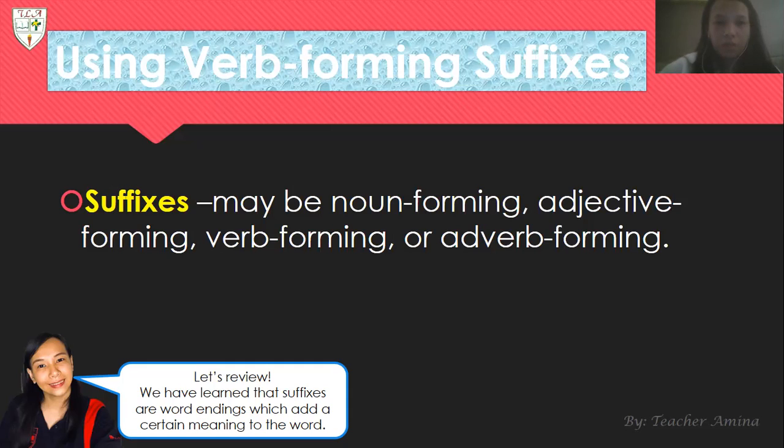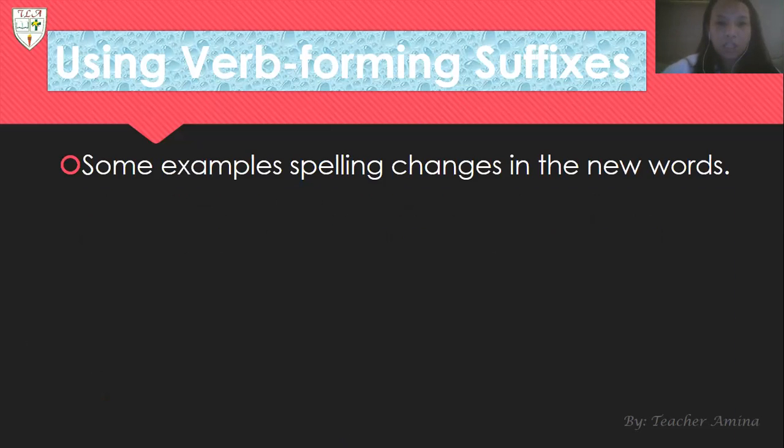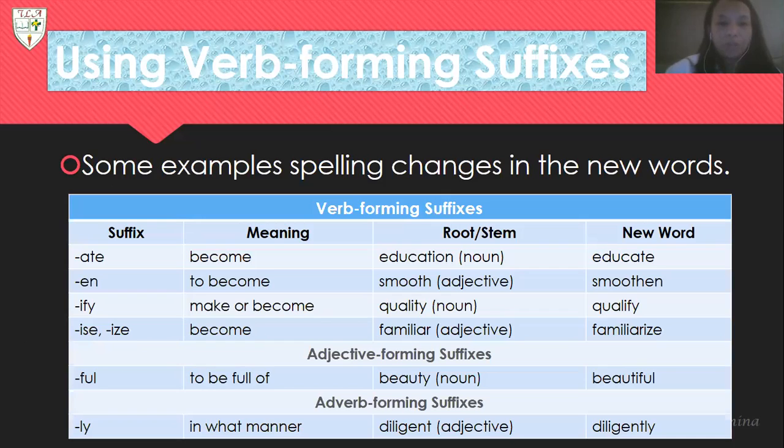Okay, so here is the chart. As you can see, there are some examples with spelling changes in the new word. So I will tell you when the spelling of the word has been changed. So for the verb forming suffixes, we have ate, en, ify, ize, and ise. Okay.